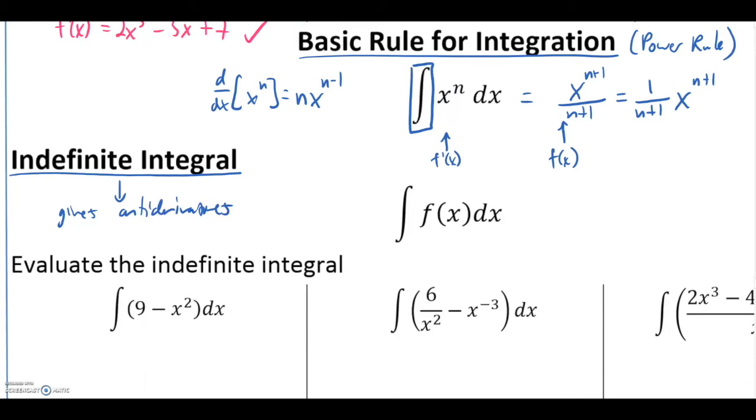So the integral without any boundaries on it, no a to b, of any function of x with respect to x will be, and a common notation we use if we don't start off with prime already, notice how this just says little f of x, we generally denote the antiderivative big F of x. If we start with f prime of x, we'll just go back to being regular f of x. And every time we do an indefinite integral, and we go back for this antiderivative function, we're going to have to remember this plus c, because there could have been any constant at the end on the original function.